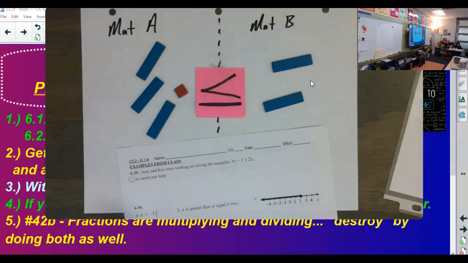Put your tiles away without throwing them on your mat. The directions said get your tiles out. Where are your 614 and 621, the papers that were on the board today? What you need out. Okay, quit making excuses. Figure it out.